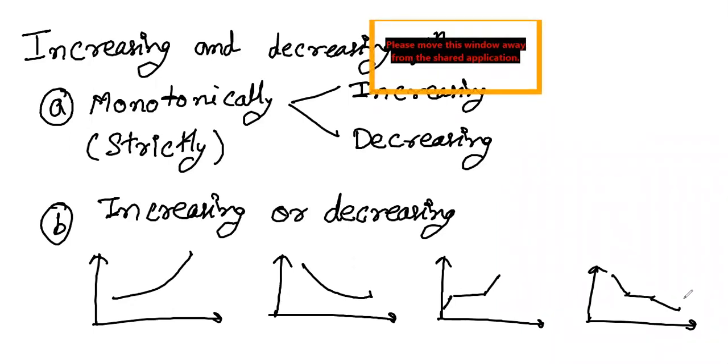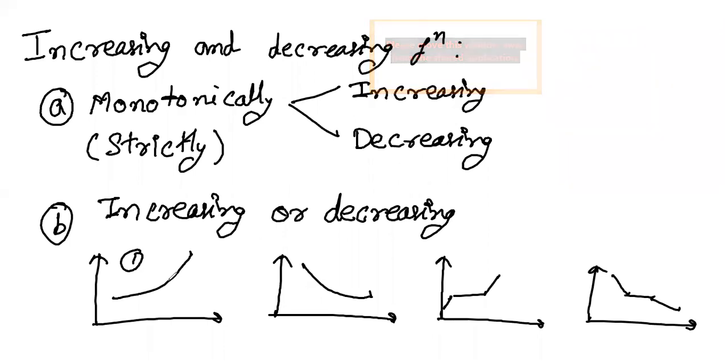In the first case, the function is continuously increasing. There is no constant point in it. कहीं पर भी वो रुका नहीं है.